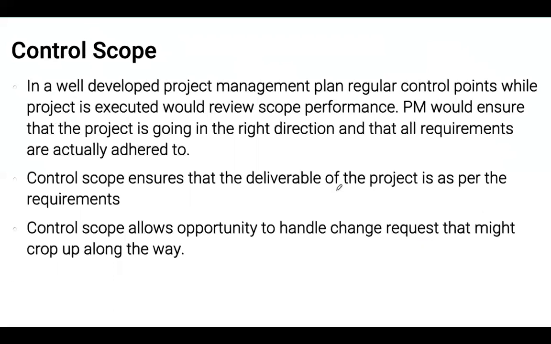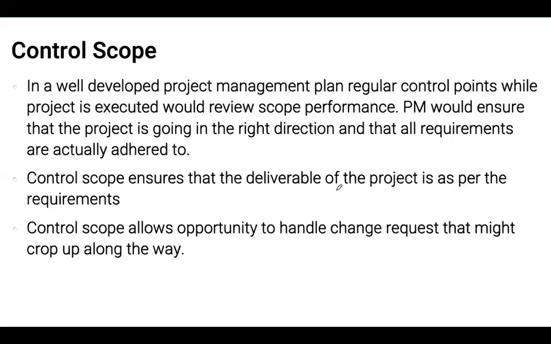As you're doing the work, it would be nice to see whether what you're doing is what you should be doing to deliver the deliverables that you require. That will help you to ensure that you're going in the right direction, that requirements are adhered to, that they satisfy the specification documentation, and that they do what they're supposed to be doing.